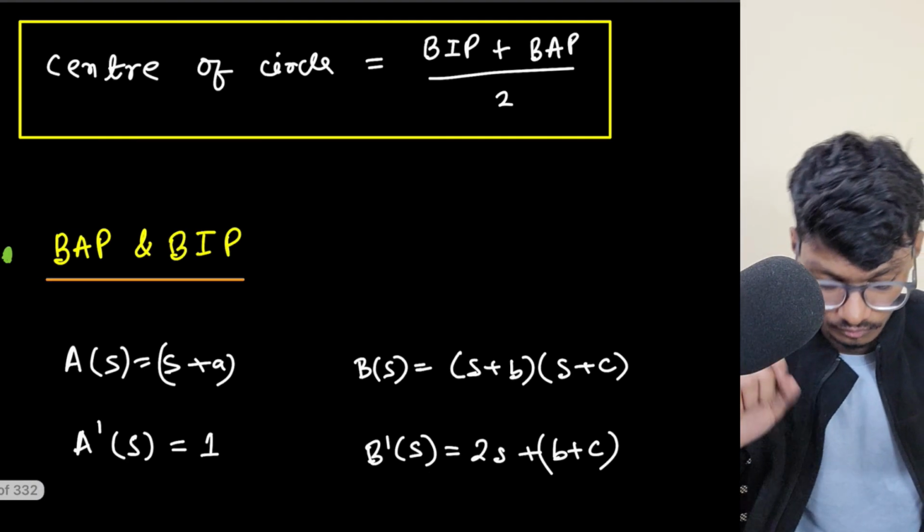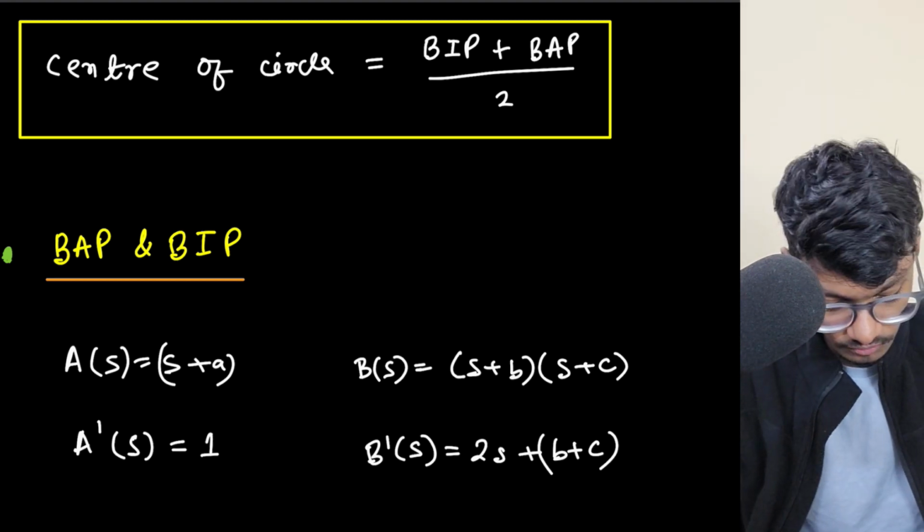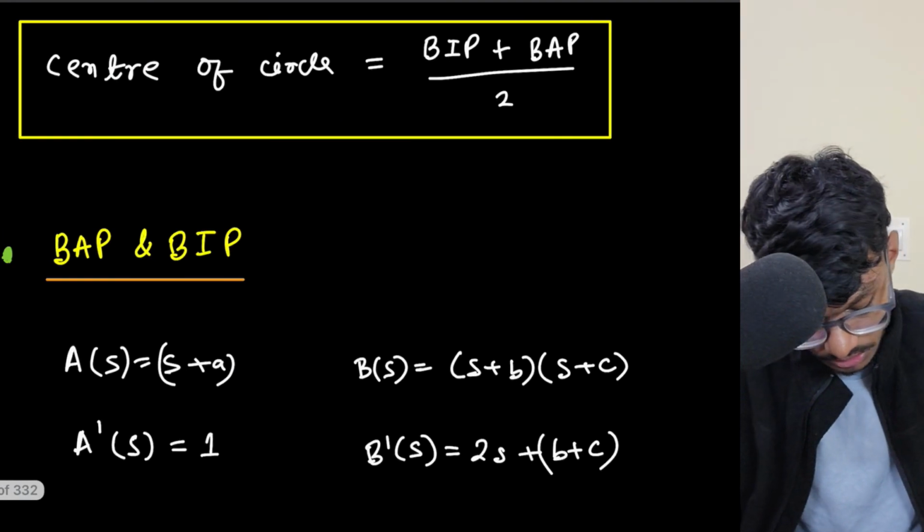So what was the formula for breakaway and break-in points?